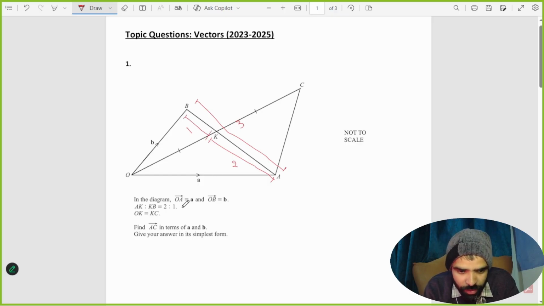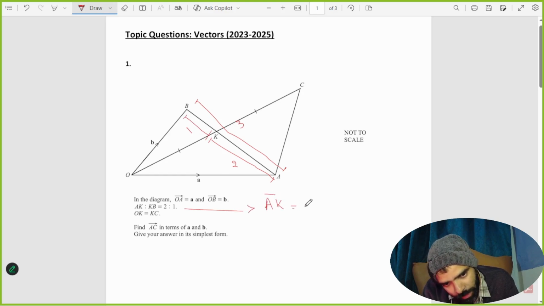So from this information we can also write that vector AK is 2 by 3 of the vector AB, because we can consider a vector triangle OAB, find AB in terms of small a and b, and then we can write AK as well in terms of small a and b. Okay, so this was the information.